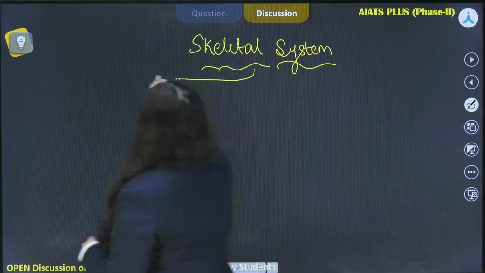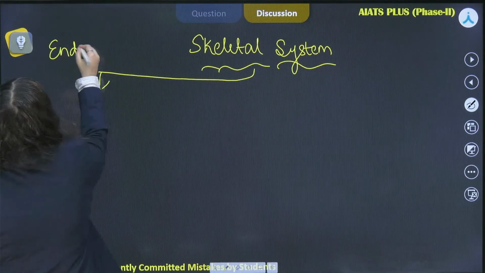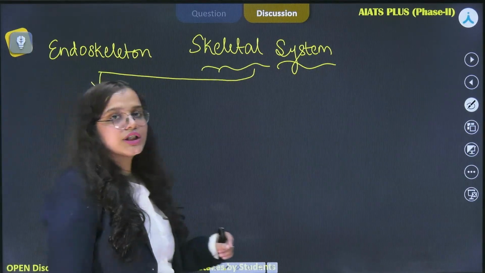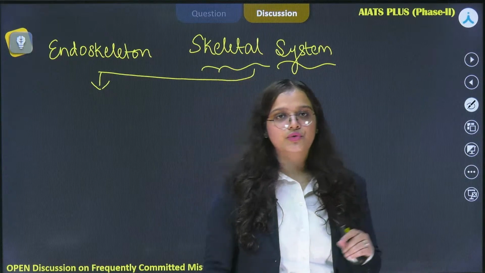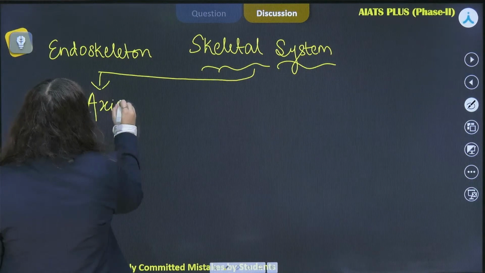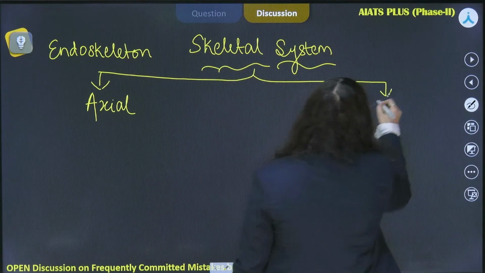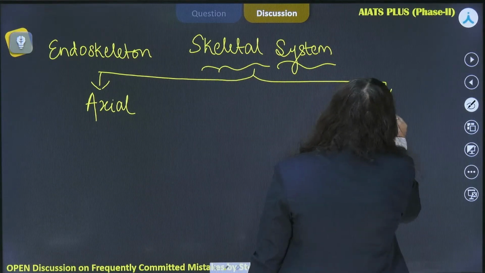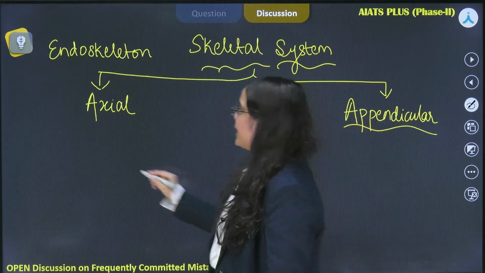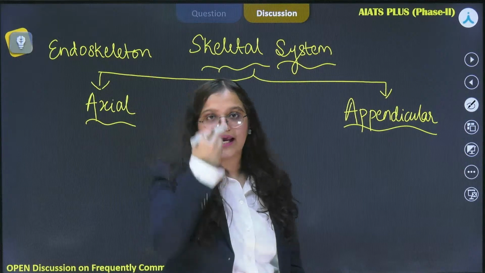So in humans we have our endoskeleton, and based on the location, the endoskeleton is divided into two categories: the axial skeletal system, and then the appendicular skeletal system. All right. The axial skeletal system, axial, you can imagine as in an axis.